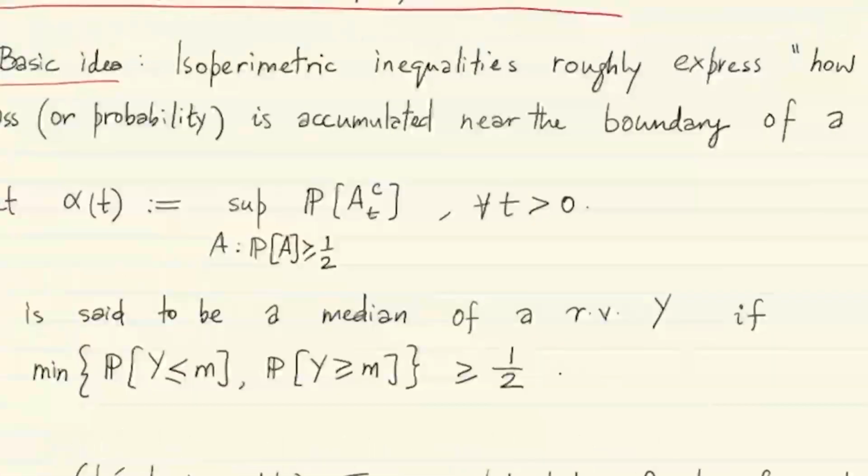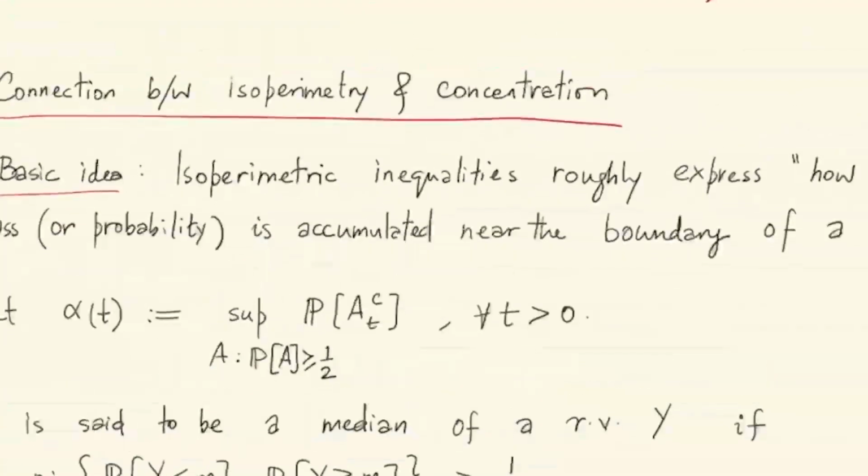So towards this, let's start by defining this very key quantity, the function alpha of t. This is defined for all t positive, or in fact non-negative, as the largest probability of A_t complement, where A_t is the t blow up of A, over all sets A which have a minimum probability measure of half. By the way, something useful to keep in mind is that the setting here is that of a metric probability space.